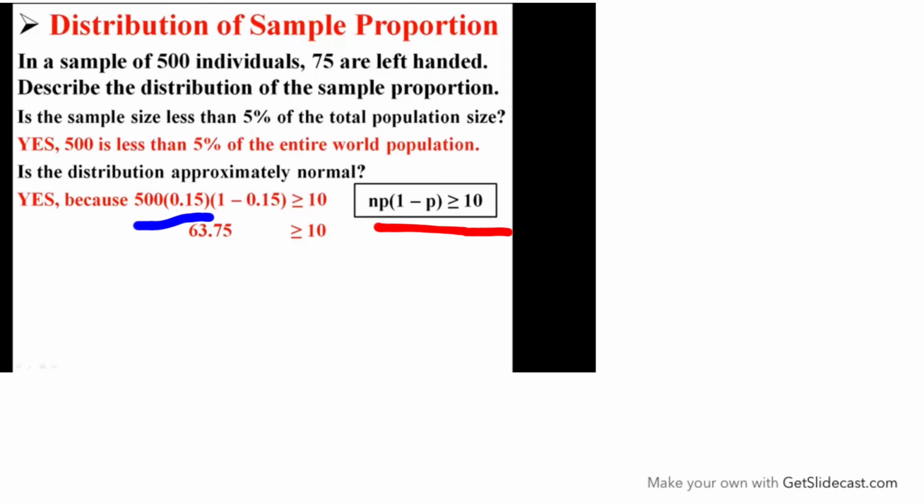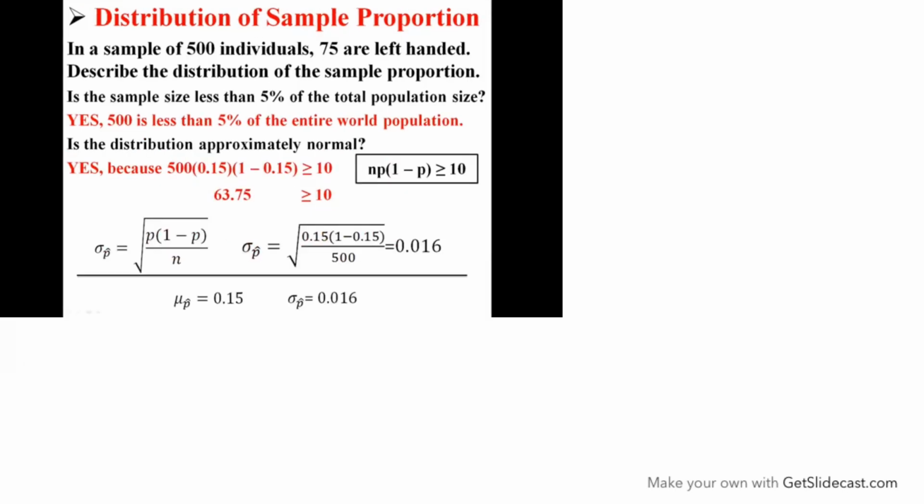Yes, of course, we know that 500 is less than 5% of the entire world population. Is the distribution approximately normal? Yes, it is normal because it is completely less than. So following the formulas and inputting the values we have, you find out that 63.75 is greater than or equal to 10.